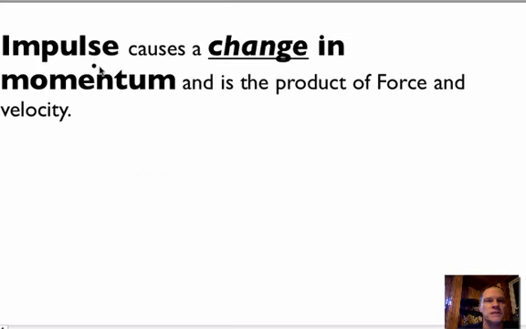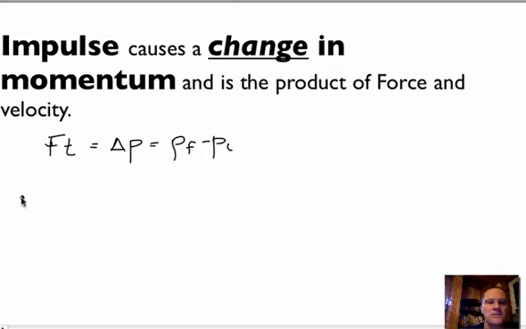So an impulse is what causes a change in momentum. Impulse is defined as force times time, which is equal to the change, remember delta means change, in momentum. Or we can write that as p final minus p initial.